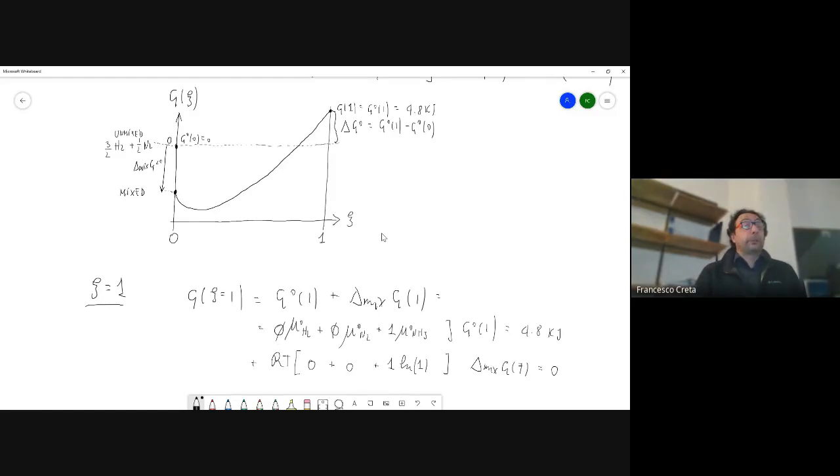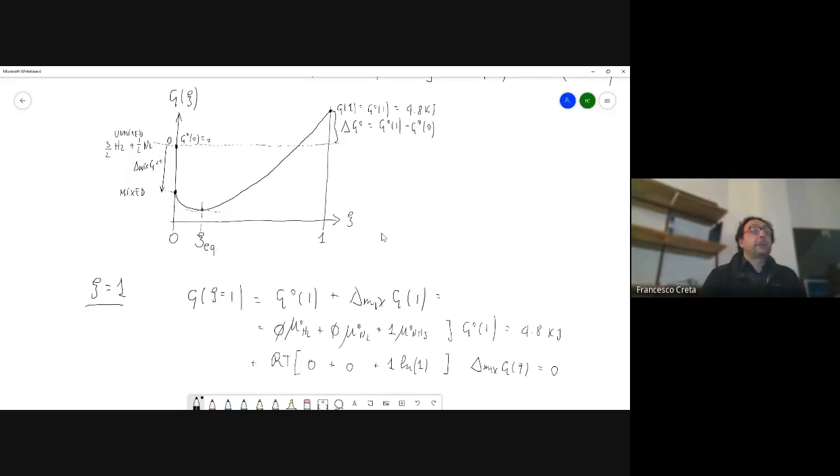But most importantly, there is an intermediate point where the Gibbs energy is at a minimum. And this is our value corresponding to the chemical equilibrium. So this is the equilibrium point, okay?